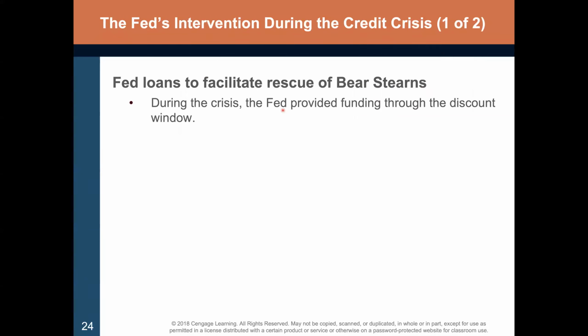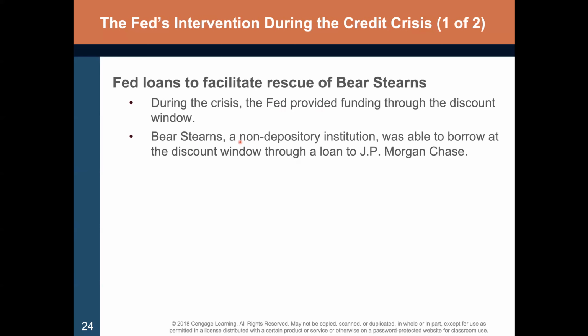During the crisis, the Fed provided funding through the discount window. Bear Stearns, a non-depository institution, was able to borrow at the discount window through a loan to JP Morgan. So JP Morgan had to step in because they're a member bank and facilitate this loan to Bear Stearns.